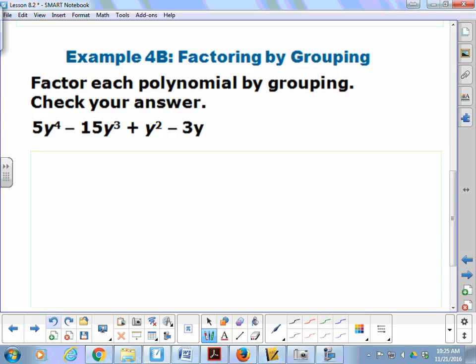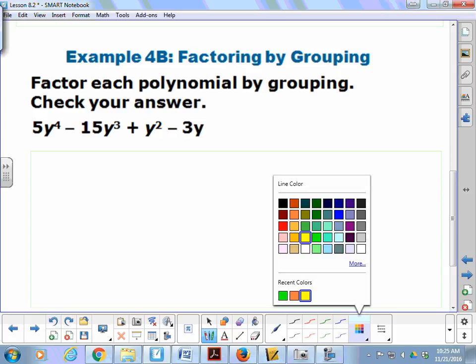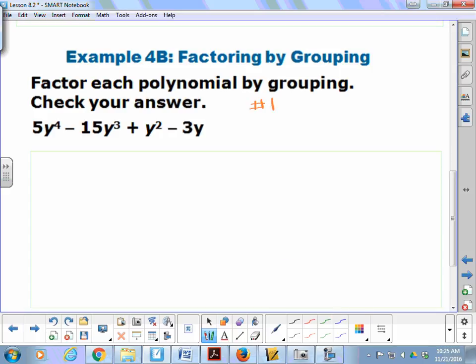Now remember, our number one thing: standard form. So even if it's not in standard form here, make sure it goes in standard form on your paper.